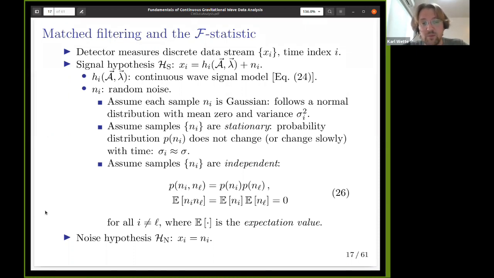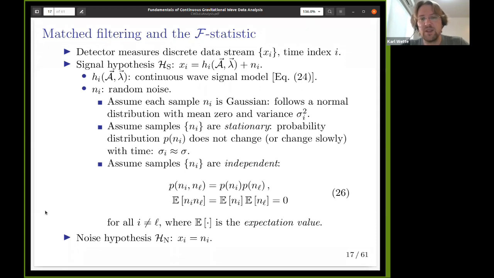One thing that's particularly useful is that you can use that to work out the expectation value of two samples n_i and n_l, since you can separate those out into the expectation of n_i times the expectation of n_l. For a Gaussian, the expectation value is the mean, and we've assumed that they have mean 0. So that gives us 0 for that result. We'll use that a couple of times later on, so that's an important result to keep in mind.